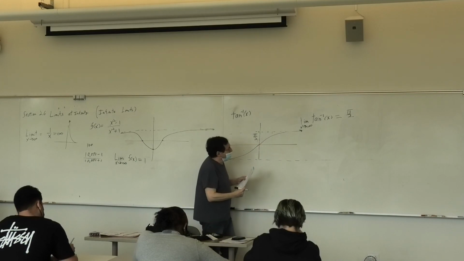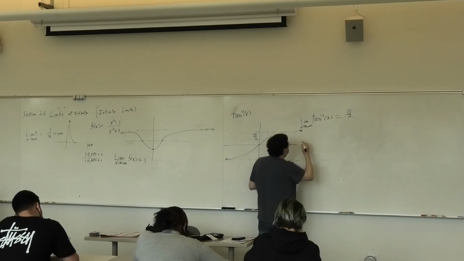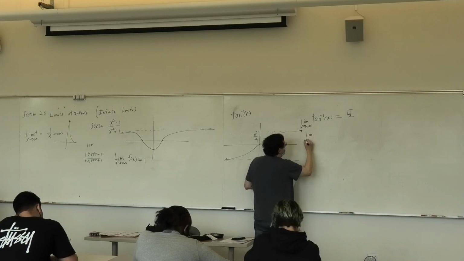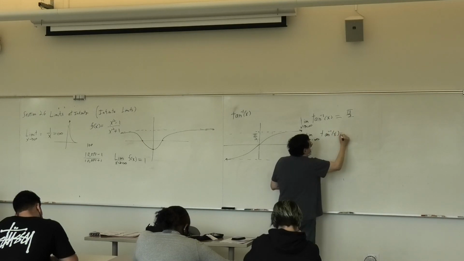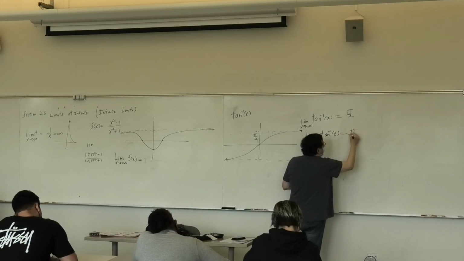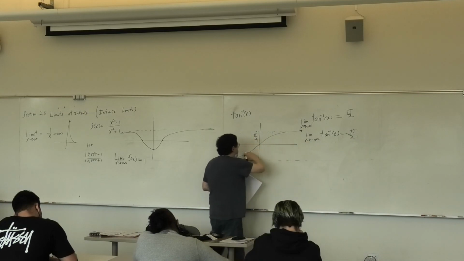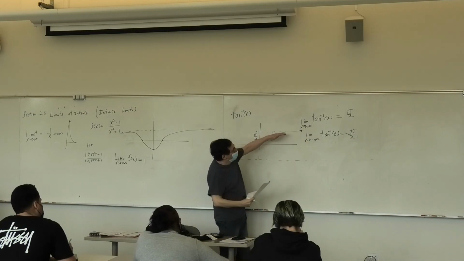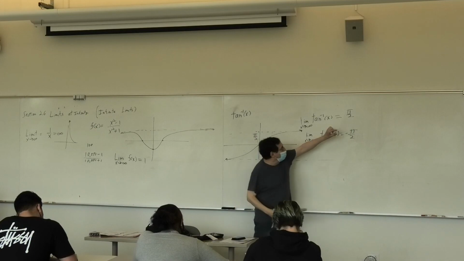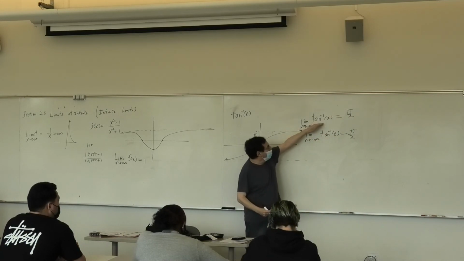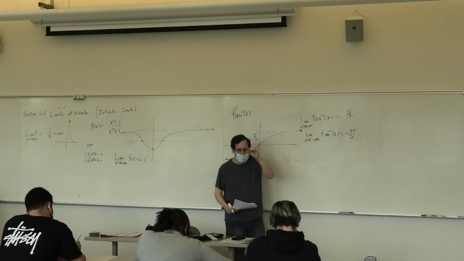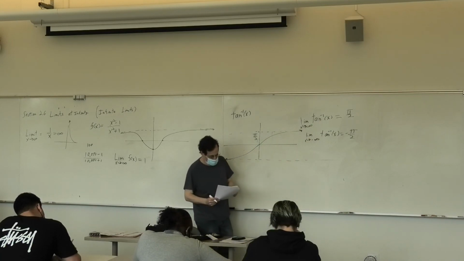If I want to look in the other direction, x goes to negative infinity, this is going to go to minus pi over 2. Again, given some small difference from pi over 2, I can find an x where the inverse tangent of x is within that small epsilon.